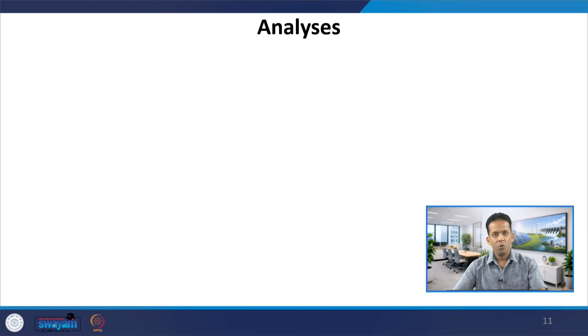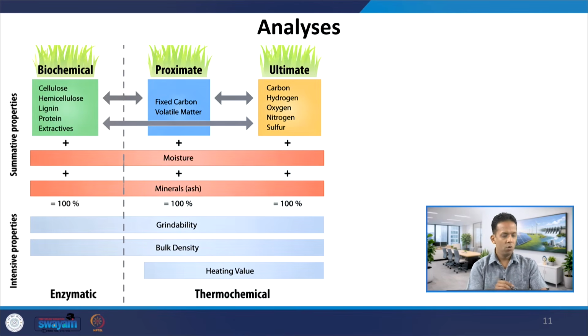So now that we have seen different types of biomass based on their composition, mainly lignocellulosic and non-lignocellulosic, there are different types of analysis which we can do to identify compositions of biomass. First is biochemical, second is proximate, and third is ultimate.